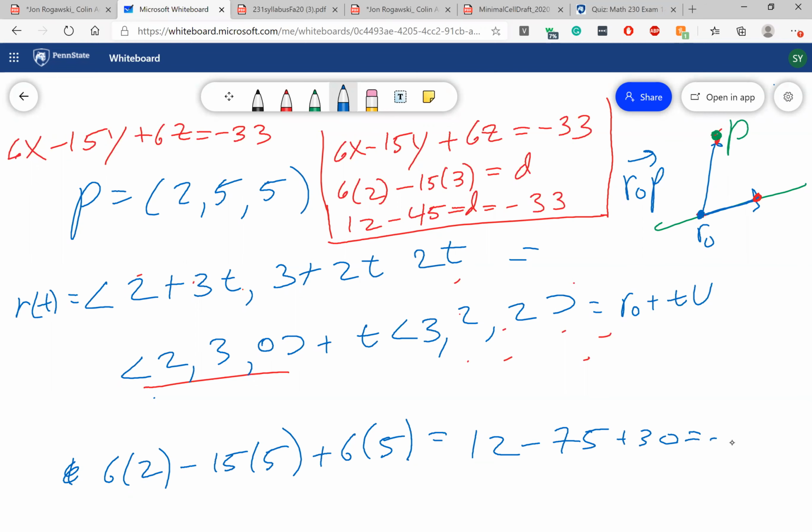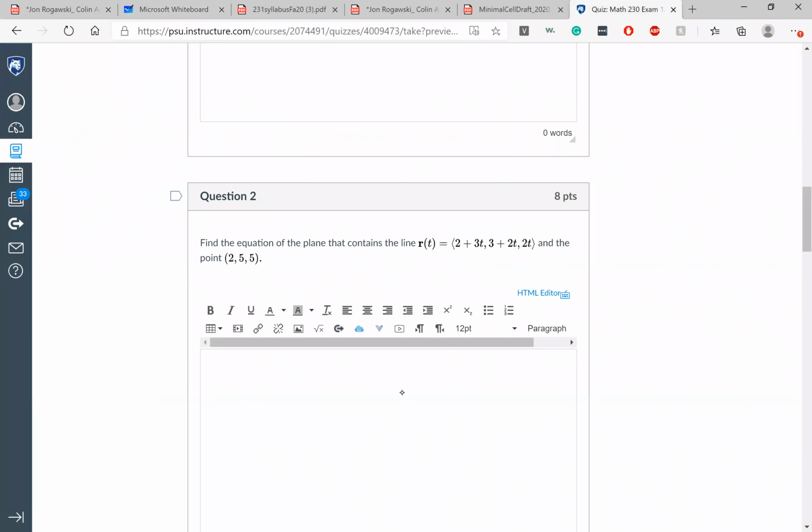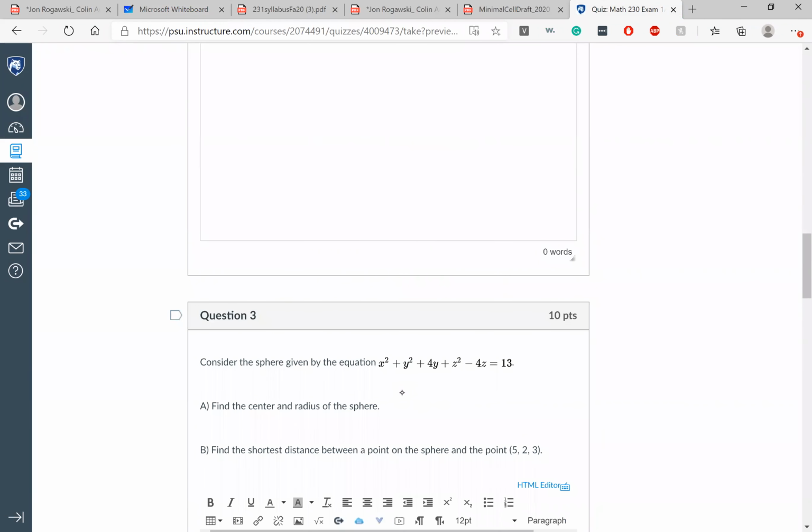Yeah, so this is equal to negative 33. So this point is on the plane. We can also try t equal to 1 to see if that point is on the plane, but I wouldn't be surprised if it is. So let's continue to the next problem.